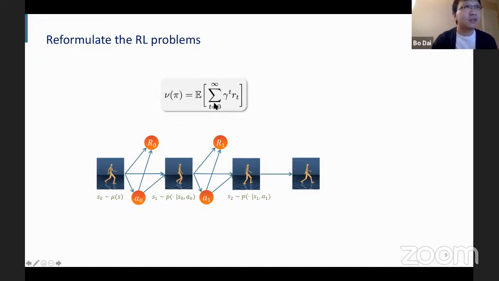So this summation from t equals 0 to infinity of gamma to the t times R t is basically the cumulative reward for one trajectory. And this expectation is there because there are so many random things here, like the initial distribution, the action, the random reward and the random next state, so on and so forth. So definitely one trajectory is not enough. We take the expectation. And because this executes pi by sampling actions from it, we call this the policy value.